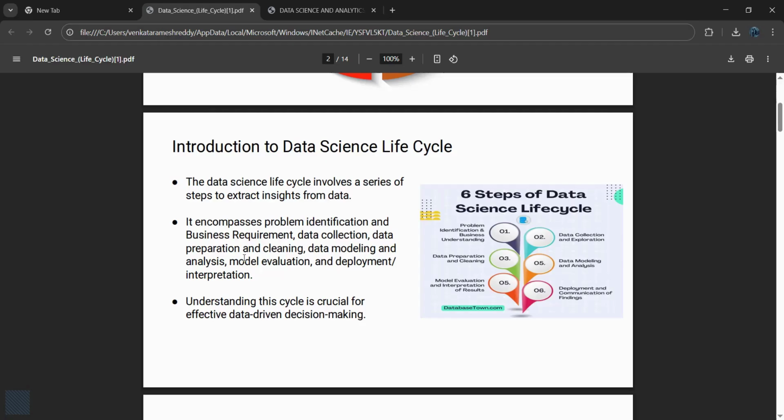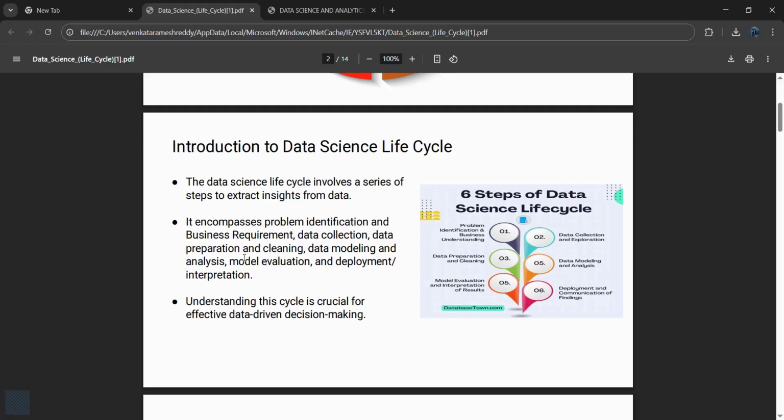And also next, data modeling and analysis. If you want to do modeling of the data and also do analysis, this data science life cycle helps in this process. If you want to do analysis on any particular data set, this data science life cycle definitely helps you in analyzing the data.